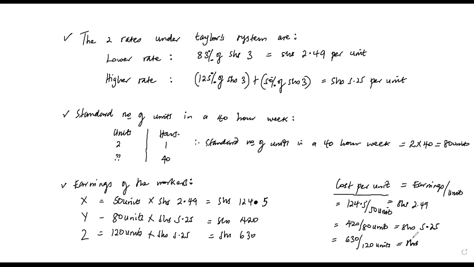So the cost per unit is 5.25. Those are the different costs per unit.